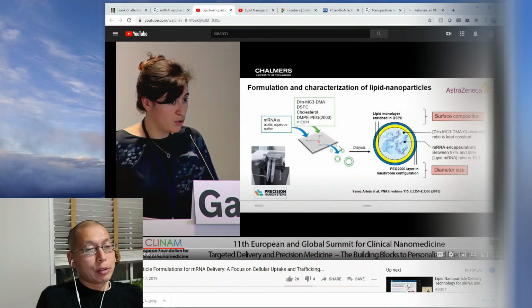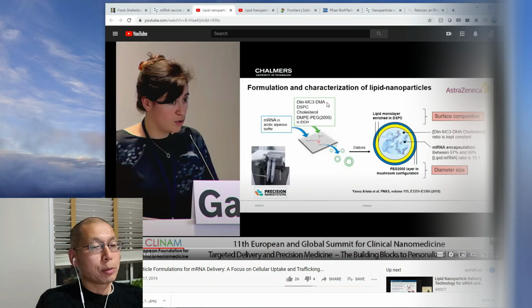So, okay, in this lecture, they described how these things are created. You take the mRNA that you want to encapsulate in an acidic buffer, and you place it in one well, and then you take the four components in ethanol and put it in another well. And so these four components, after looking into it, are these.